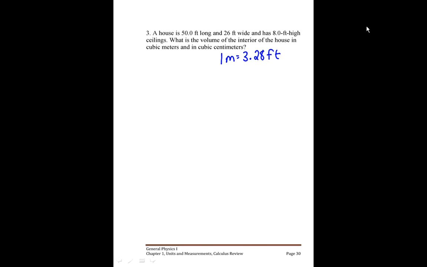All right, so let's just go ahead and calculate the volume of the house in feet. Volume is length times width times height. That's going to be 50 times 26 times 8. And if I multiply those out, I get 10,000 cubic feet.